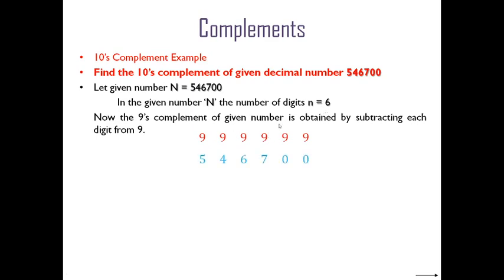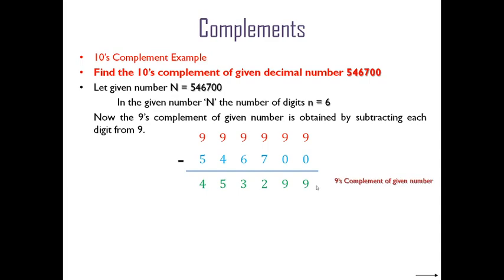Same procedure means we will consider 6 nines, since we are having 6 digits in the given decimal number. Now from these 6 nines, we have to subtract the given decimal number. By subtracting, we will get one new decimal number, that is a nines complement.